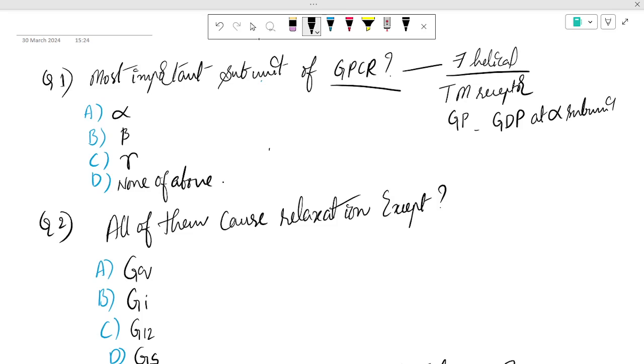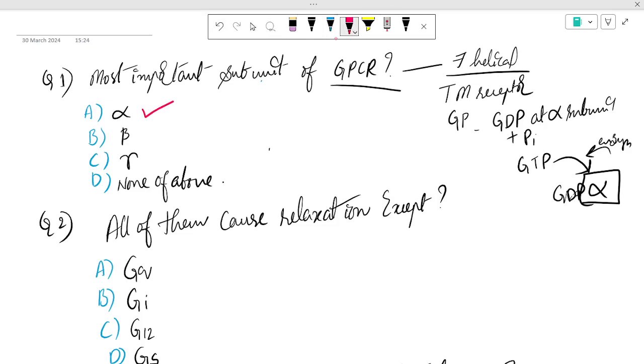When it gets activated, GDP is converted to GTP by addition of phosphate, then it activates the enzyme, then again it converts back to GDP. So this all takes place with the help of alpha only. So what is the most important subunit here? It is the alpha subunit, right? Remember, the most important subunit in the GPCR, G protein coupled receptor, is the alpha subunit. That is the answer.